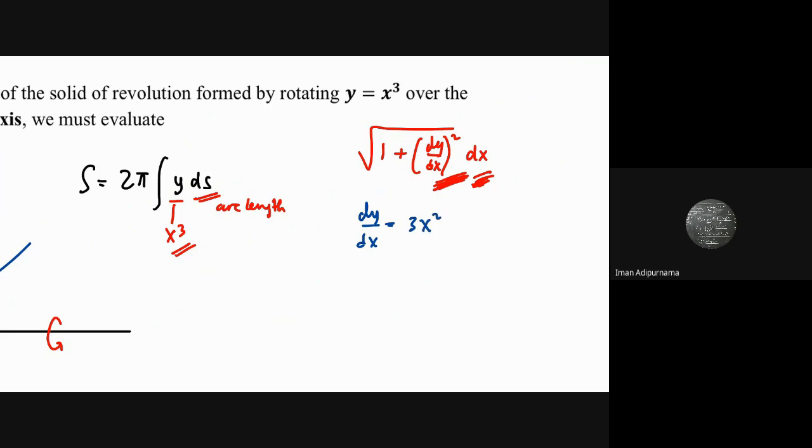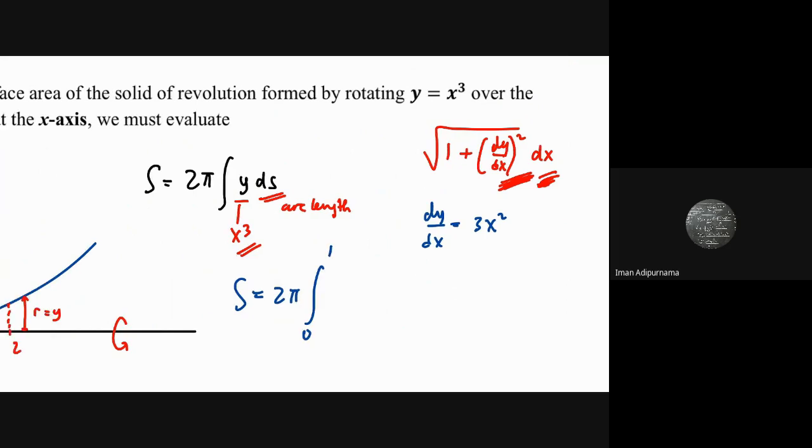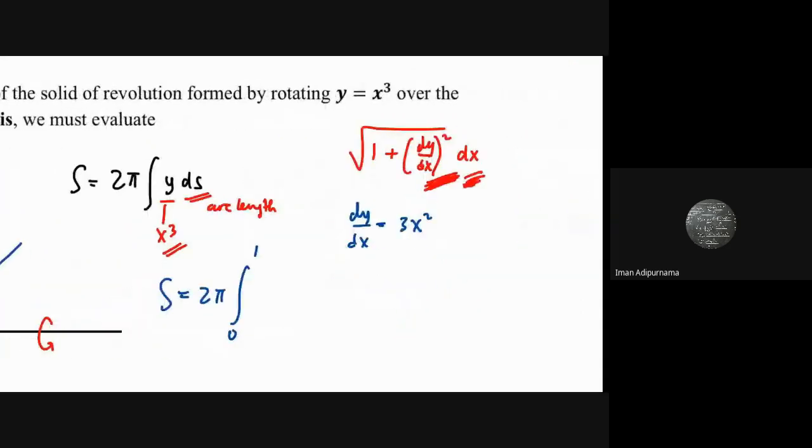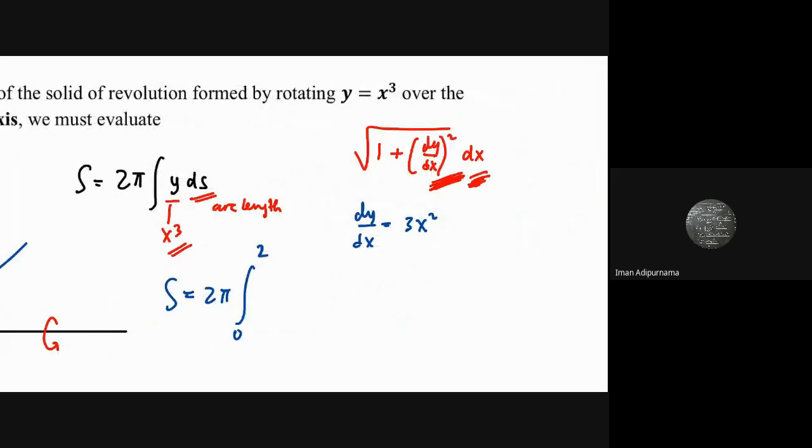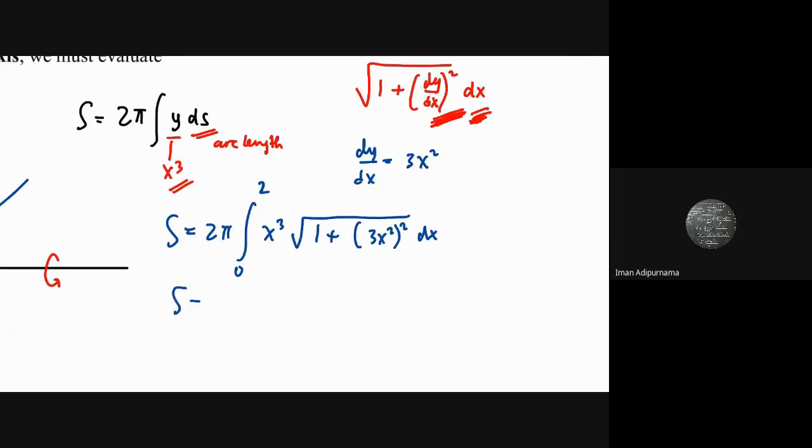So our arc length will be, let me just write it into the equation here. And this is still 0, 1, because that's the interval. This is the integral of x cubed, 1 plus 3x squared squared dx. And we can directly get it if we need to find this, right?